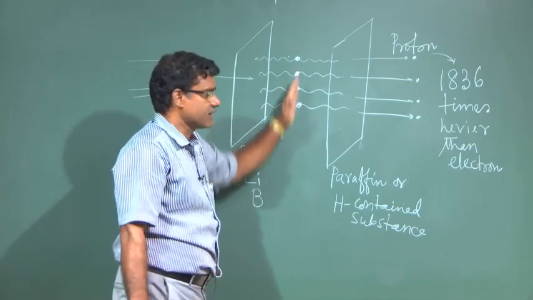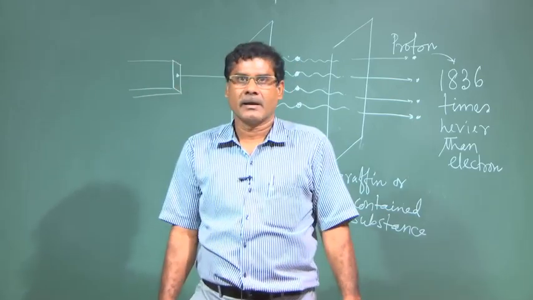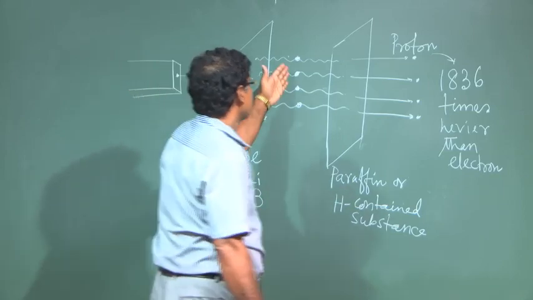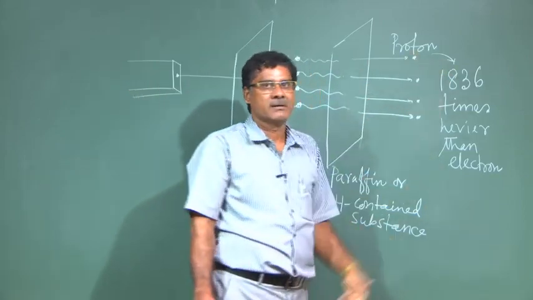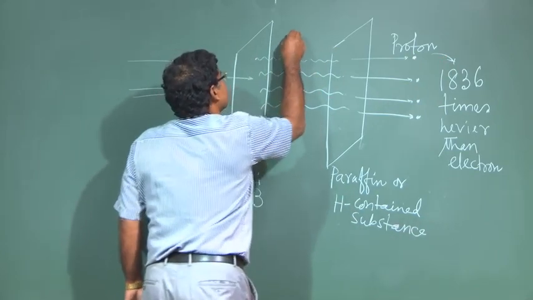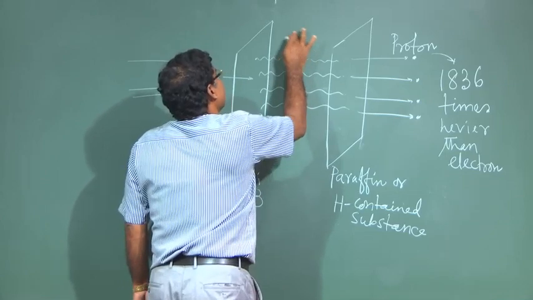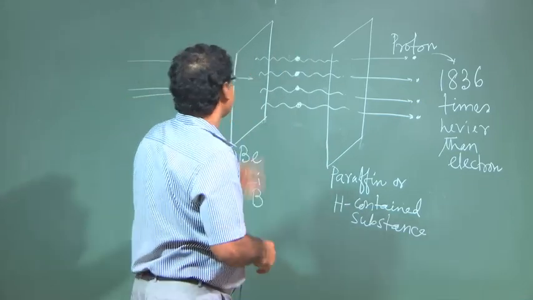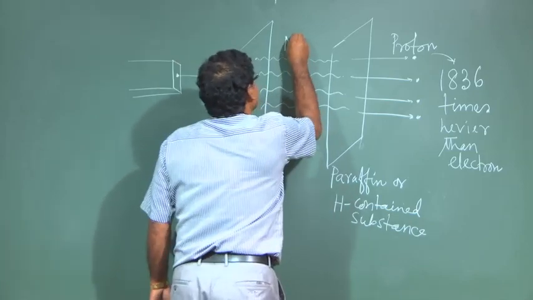He found this particle to be neutral, and its mass is similar to the mass of proton. Okay. So, this is a new particle, and he gave it the name neutron.